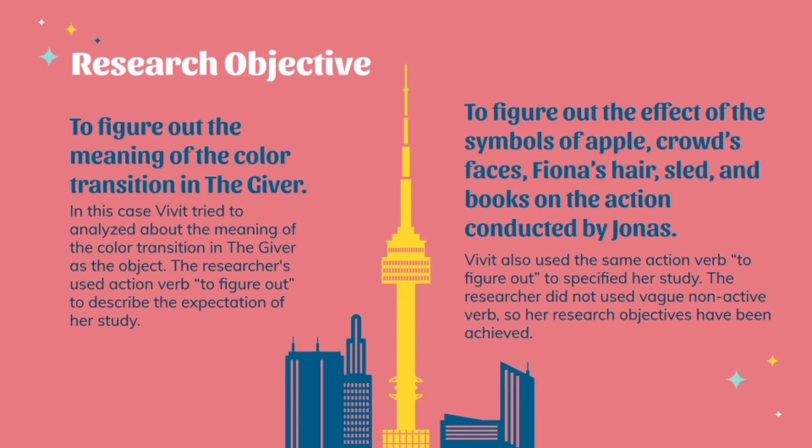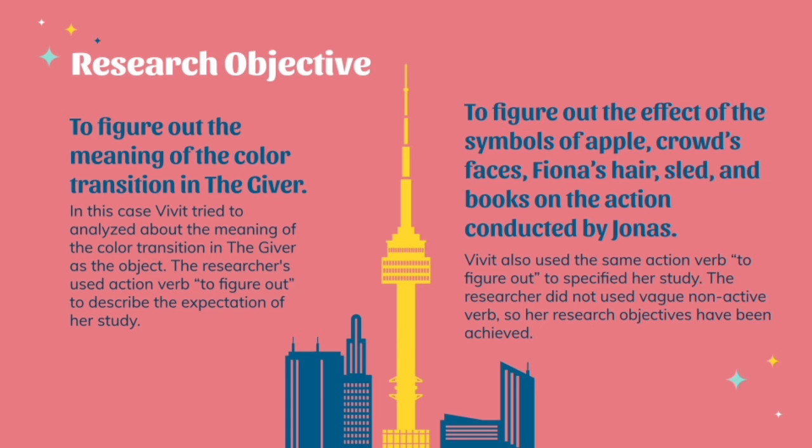When we look at Vivit's thesis, there are two research objectives. First is to figure out the meaning of the color transition in The Giver. In her first research objective, Vivit tried to analyze the meaning of the color transition in The Giver as the object. Besides, she also used the action verb to figure out to describe the expectation of her study.